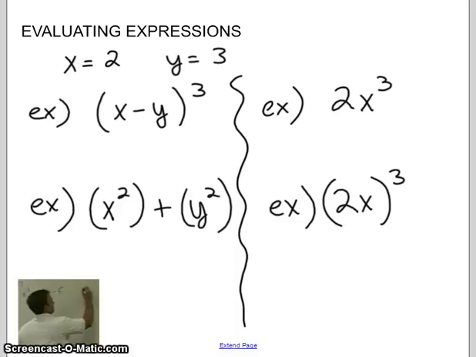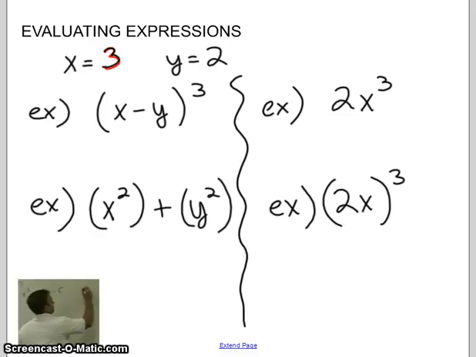All right, evaluating expressions again with the grouping symbols now. We have x is 3, y is 2.